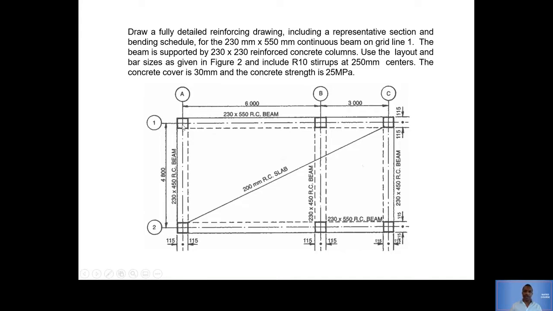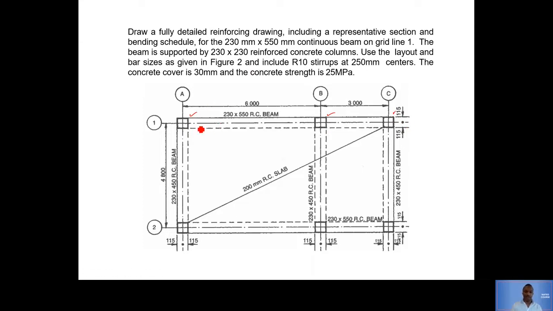If you look, it's a continuous beam, because remember we spoke about this last week, that a continuous beam has 3 or more supports. So we've got a support there, another one there, and another one there, so it's continuous.